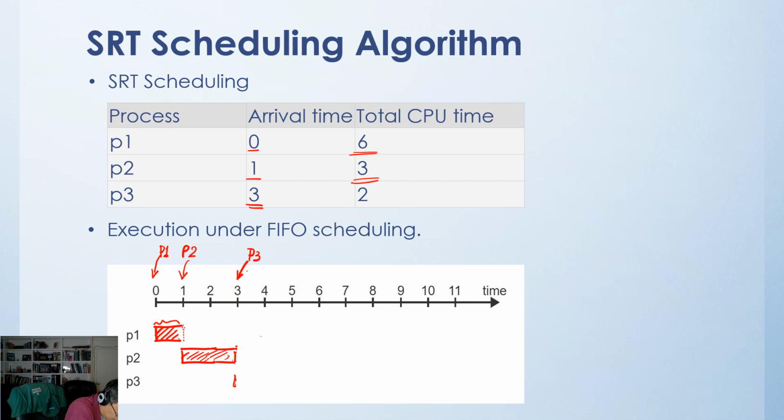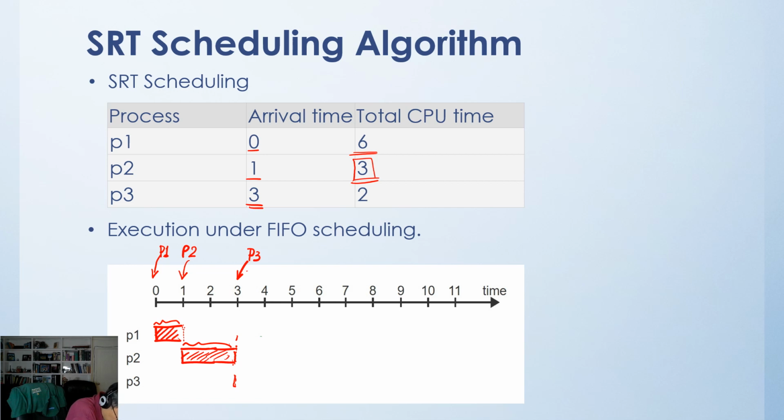Because P1 was kicked out at the time 1. So the remaining time for P1 is still 5. Now what's the remaining time for P2? P2 has executed for 2 time units. So the total CPU time is 3 for P2, but P2 has executed for 2 time units. So there's only 1 remaining.